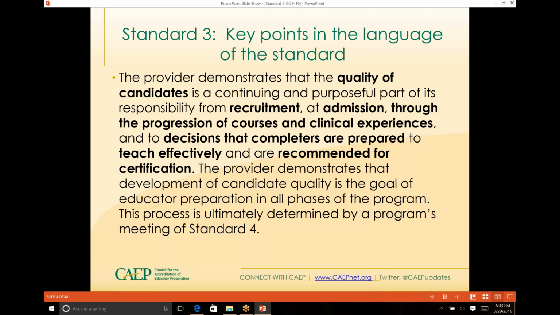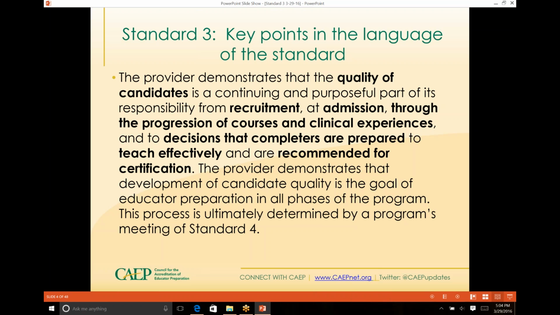So what you'll be addressing is how you demonstrate that you have quality candidates, and that the quality of the candidates in your programs is continual, from recruitment to admissions throughout the program of study and the progression of courses and clinical as well as field experiences, up to and including the decision that you make to recommend your completers for licensure or certification, and to say that your candidates are ready for hire, that they can teach effectively. So all of what you're demonstrating here is related to candidate quality.